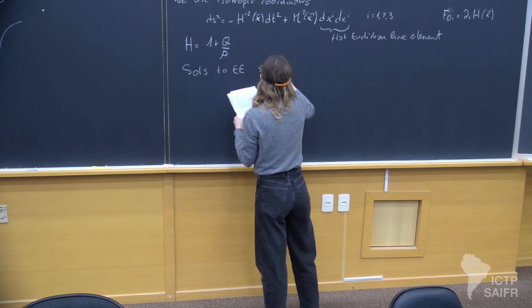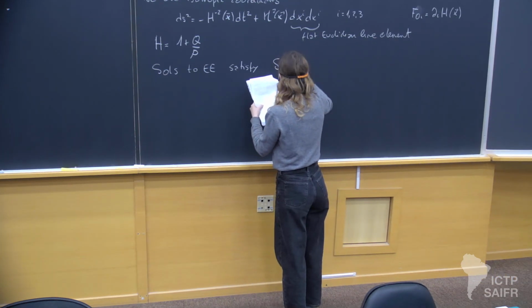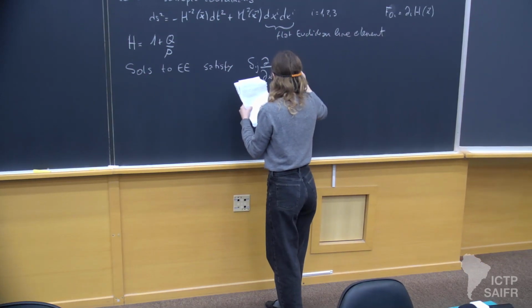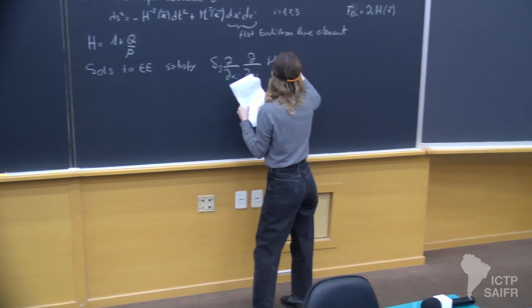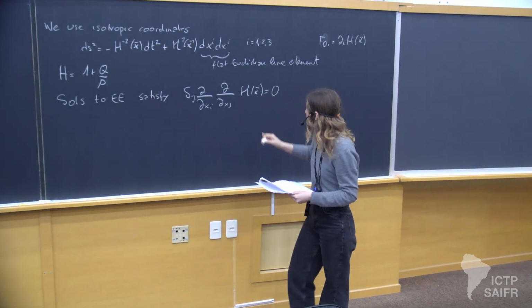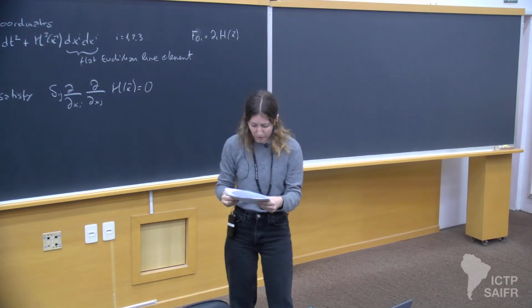It just needs to satisfy this equation here, delta ij, dxi, dxj, h of x equals 0. So this means that this function just needs to be a harmonic function of the flat Laplacian.